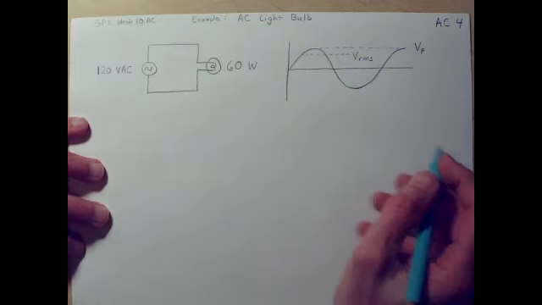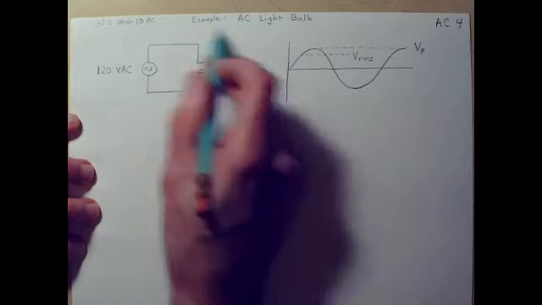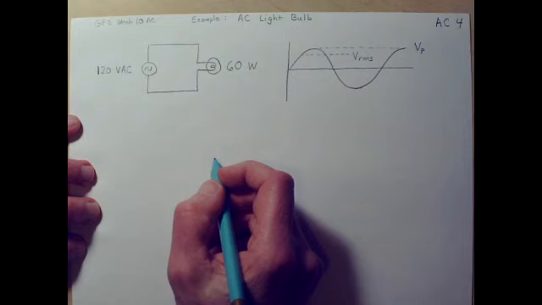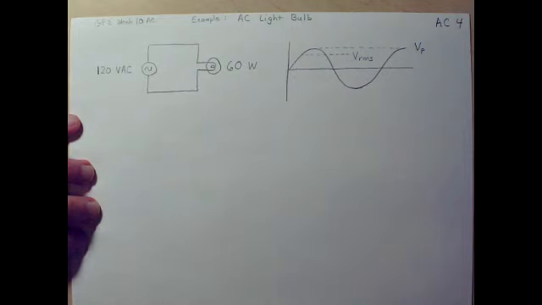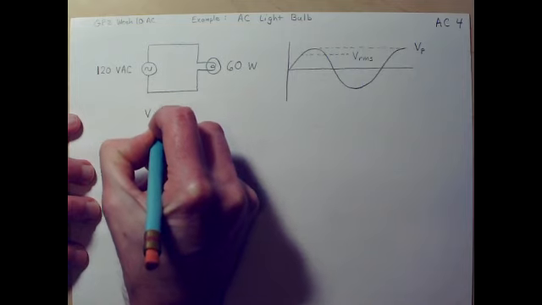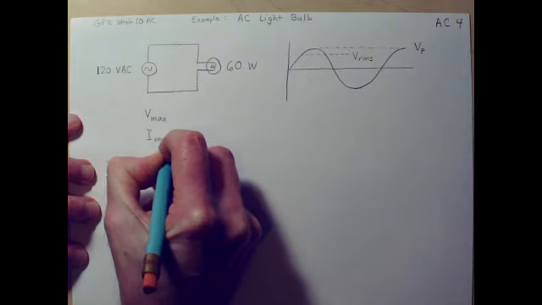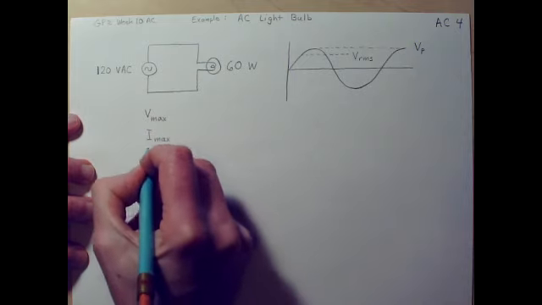It's about 0.7. Now what I'd like to do is, with this situation, see if we can calculate everything that we might want to know about this. What's the maximum voltage? What's the RMS voltage? What's the maximum current? The RMS current? That sort of thing. So let's make a little chart here. V max, I max, these could be called peak just as easily.